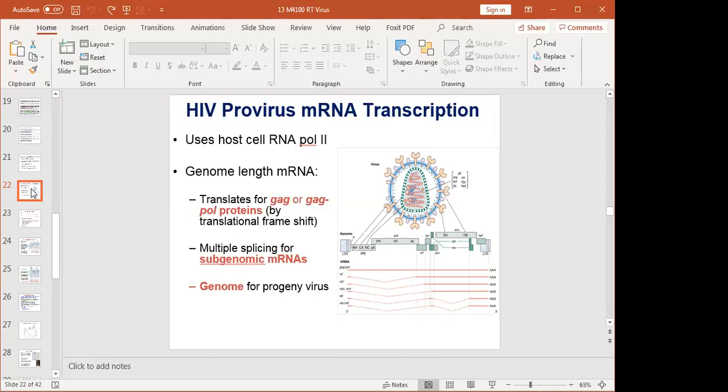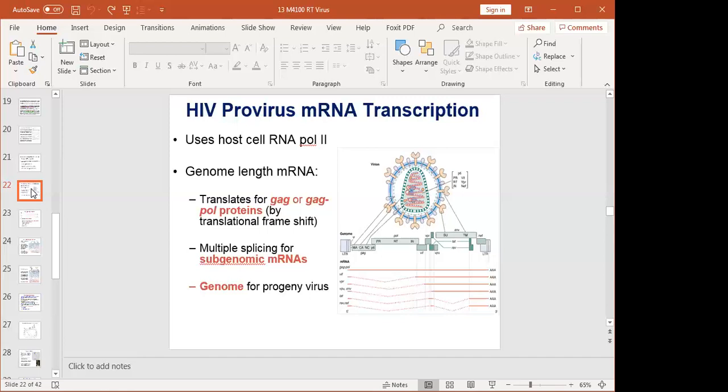Sorry, let me take a step back. It encodes or translates for GAG and POL genes and then proteins. And the way these proteins are being made from one messenger RNA is by translational frame shift. And then multiple splicings occur to create subgenomic messenger RNAs.